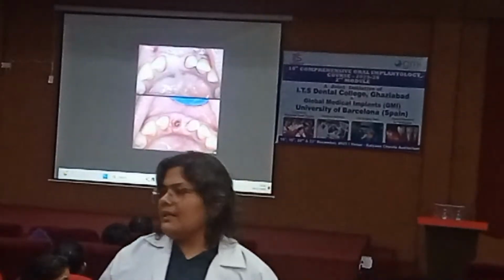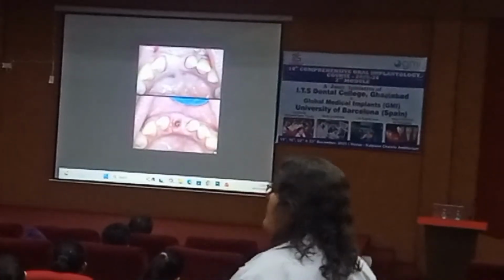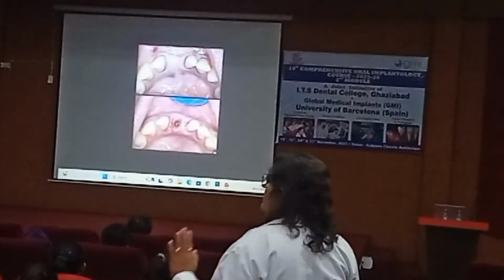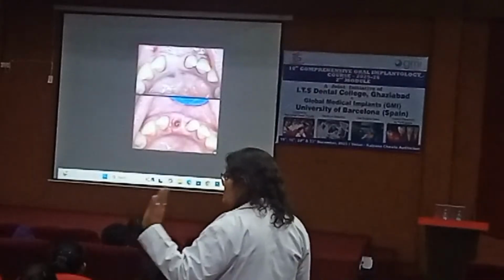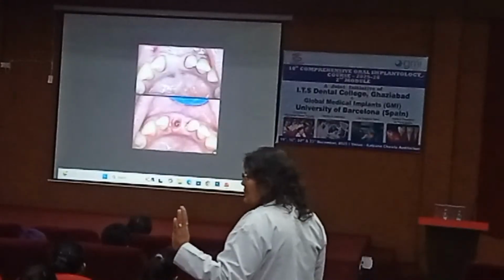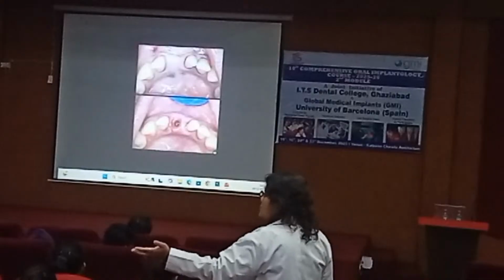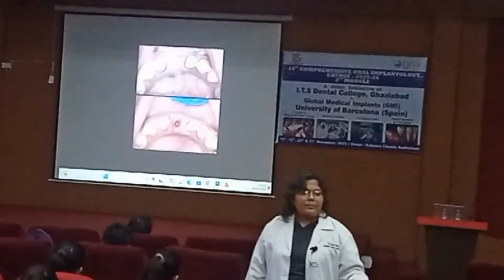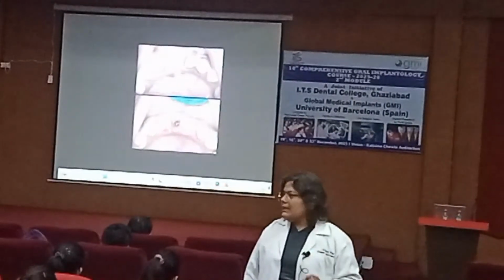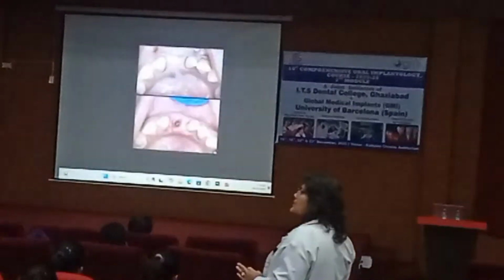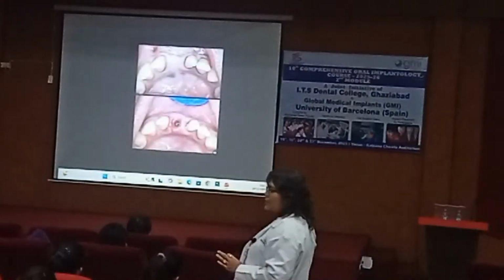Everybody, we have studied that you put an implant, you wait for 3 months and then you find it integrated, right? This is what we have studied when we read the story of Brånemark, right? But this 3 months integration is with conditions applying, right?